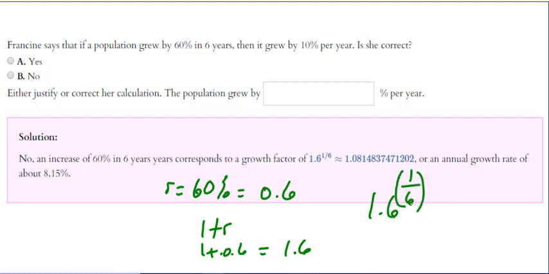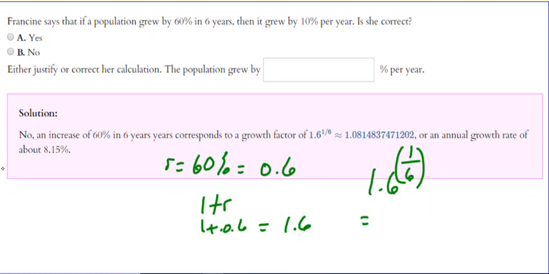So 1.6 raised to the 1/6. So that's 1.6 raised to the parentheses 1 divided by 6, right? That would give me, and I'll show you the same exact calculations, 1.0814837, right? It gives me all of that.